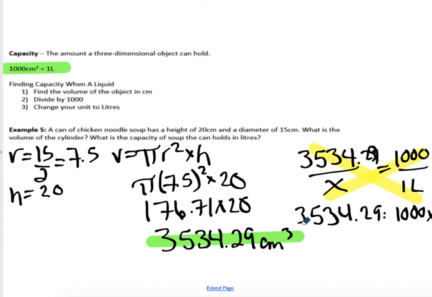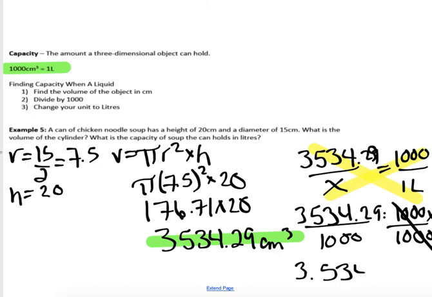Now that I have 1,000 x, I'm going to divide both sides by 1,000 because I want to get x by itself. So now this is where that dividing by 1,000 comes in. If I divide both sides by 1,000, I'm left with 3.53429 liters. This here is my answer in capacity for liters.